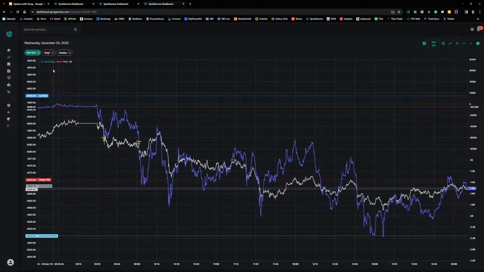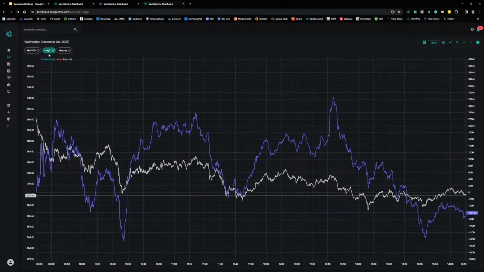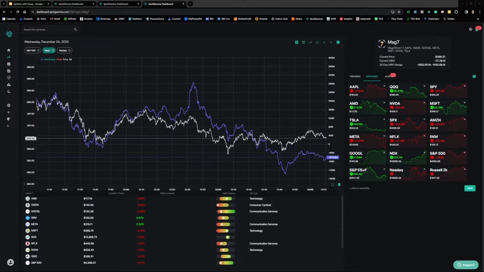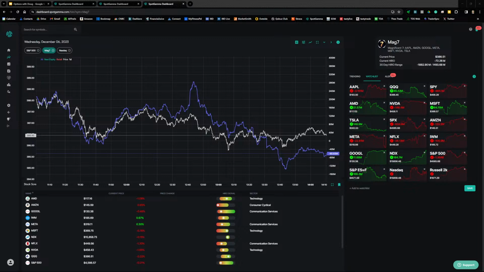All right, let's take a look at one other signal. This is the Magnificent 7 combined signal. Pretty choppy today. It provided a lot more clarity yesterday. And let me go back. This is a combined signal also, showing options trades and market maker hedging activity in these stocks known as the Magnificent 7.